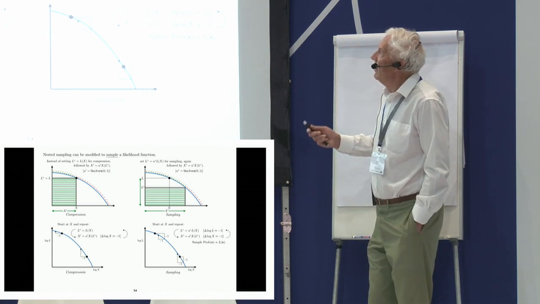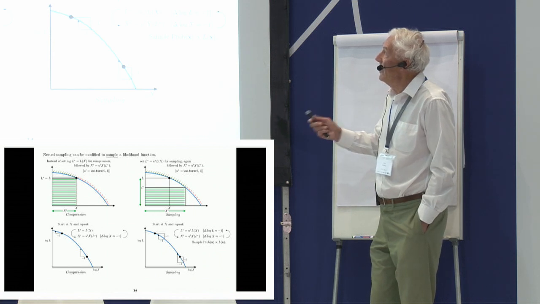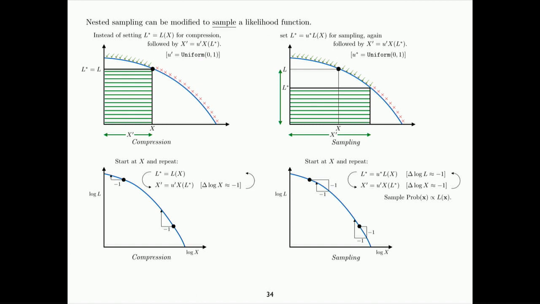Now, going from nested sampling to exploration, from compression to sampling, involves multiplying by a random number, so that's quite easy. The corollary of that is that if you leave that random multiplication out of your exploration program, then you've got the compression algorithm. So the same programs that you have been using to explore and sample, if you take an instruction out of them, they will also give you the compression.